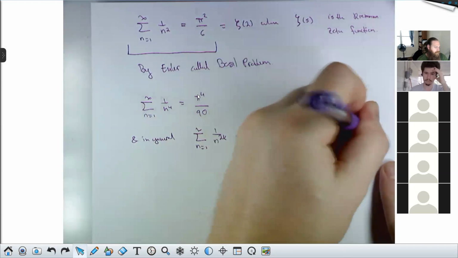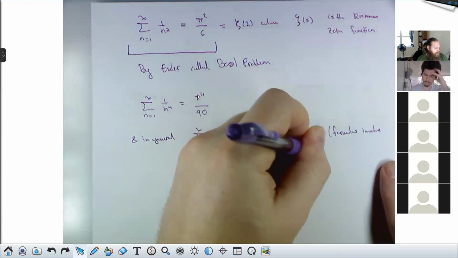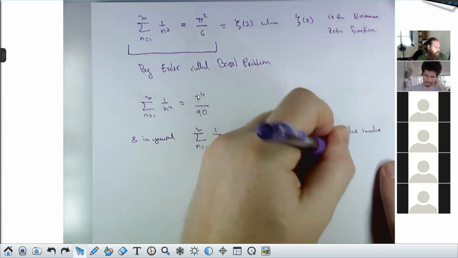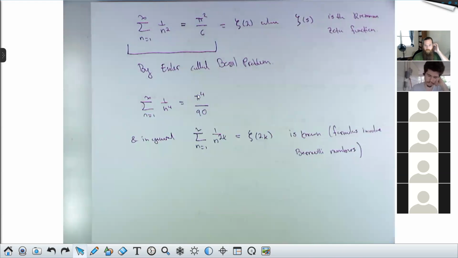The formulas involve Bernoulli numbers. You remember when we talked about L'Hopital's rule, we mentioned the Bernoulli brothers. One of the Bernoulli brothers famously devised a sequence. That sequence is called the Bernoulli numbers. The formulas are given in terms of powers of pi and the Bernoulli numbers.